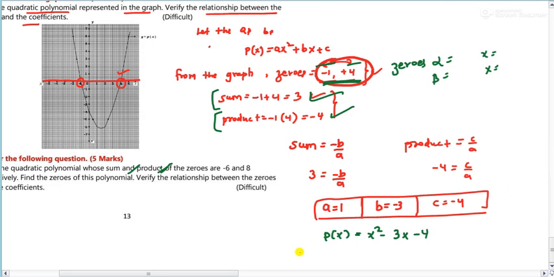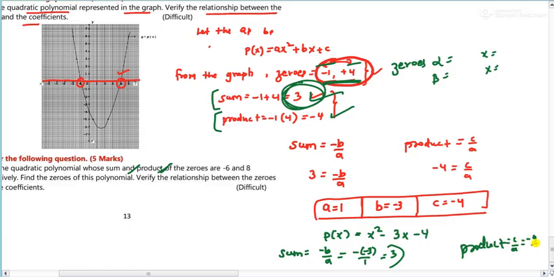Just write here that also, the same thing we are going to get. Sum is minus b by a. So if you write, you'll get minus of minus 3, which is plus 3. Whatever we have got plus 3 here, here also we are getting same. And product is c by a. So we'll get minus 4 by 1, which is minus 4. Again, you can see we have already got minus 4. Any doubt?